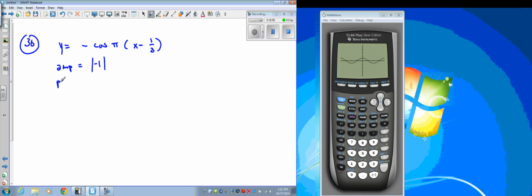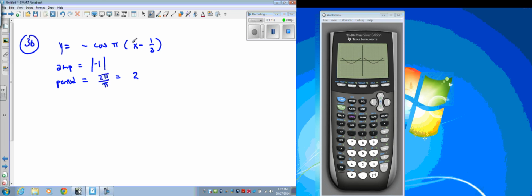And your period is going to be 2 pi over this value, because when you run this value through here, it would be right there. So my period should be 2 according to what? Correct?